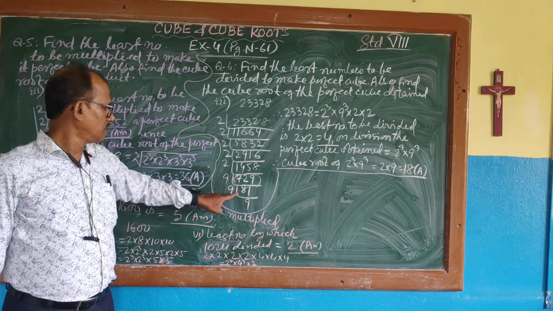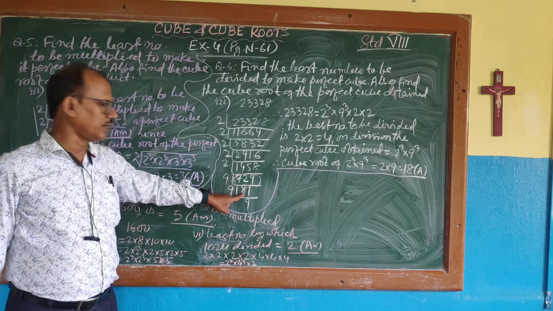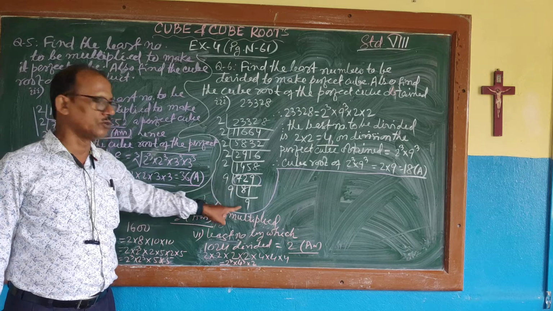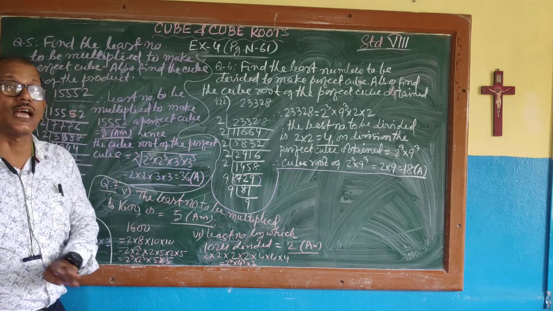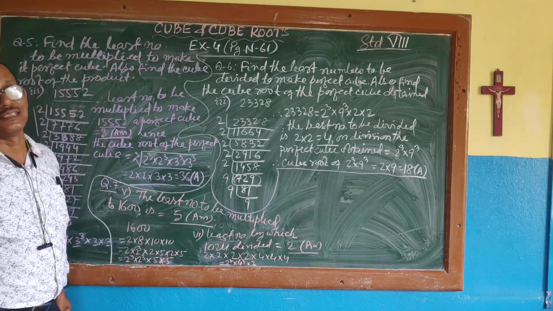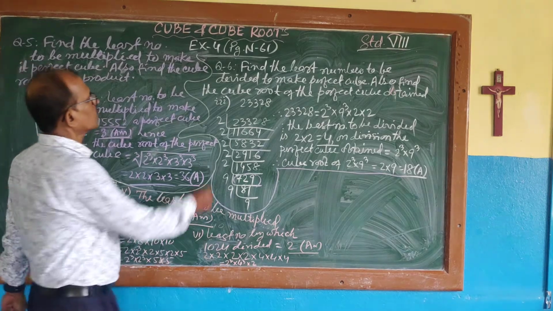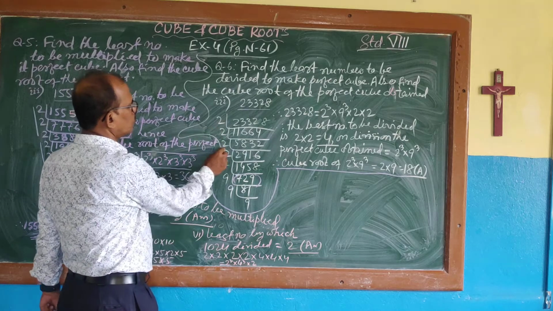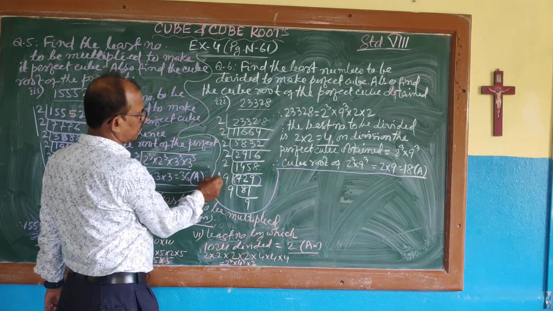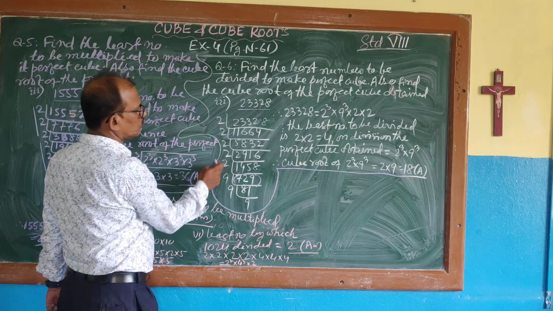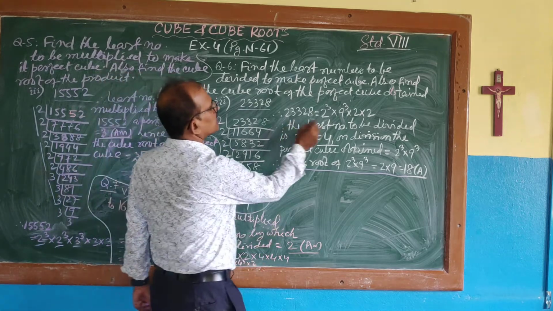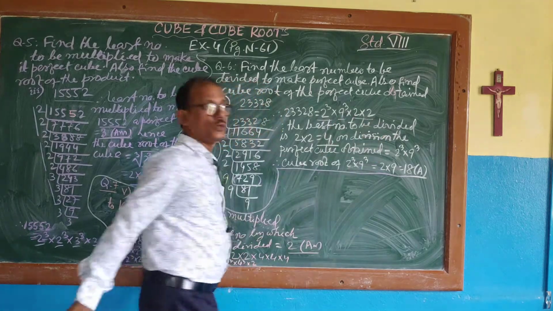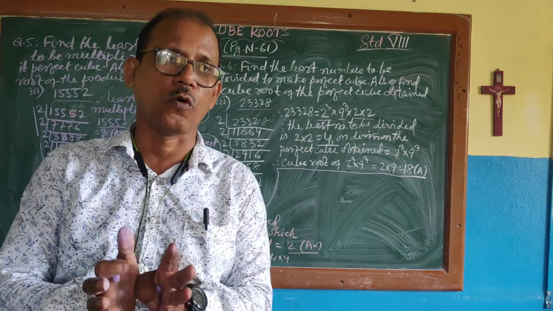9 divided by 9, I have got 81. 9 divided again. So 9 into 9 into 9 is equal to 729, because I knew that 729 is a perfect cube. Could you understand? So you write this number 23,328 as 2 cube multiply 2 into 2 multiply 9 cube. 2 into 2 are the odd numbers, that are not in a triplet. 2 into 2 are not forming a triplet.